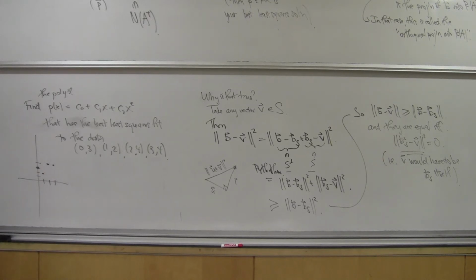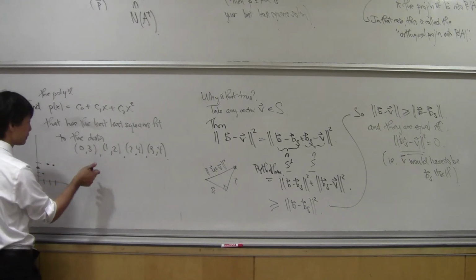Somebody says, I'd like a parabola that passes through these four points. And you say, that's too many points, because three points determine a parabola, but you've given me four. You've overdetermined it. There's probably no parabola that works for this. So you say, okay, you can find the best possible answer in some sense.